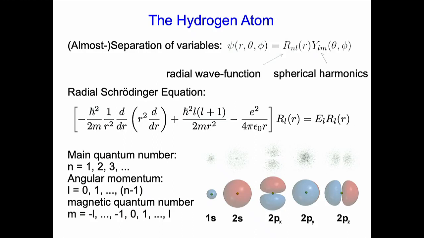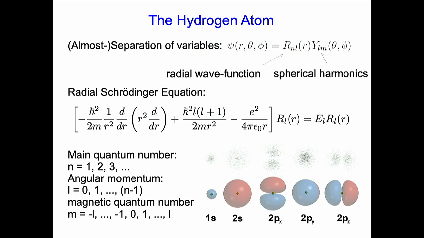So we get a radial wave function that depends on r, and then an angular wave function, and that turns out to be the spherical harmonics. If we insert this ansatz and the solution for the spherical harmonics into the Schrödinger equation, we then obtain the radial Schrödinger equation, which now only depends on r, and due to the slightly complicated form of the Laplacian operator in spherical coordinates, we have this 1 over r squared d over dr of r squared term.